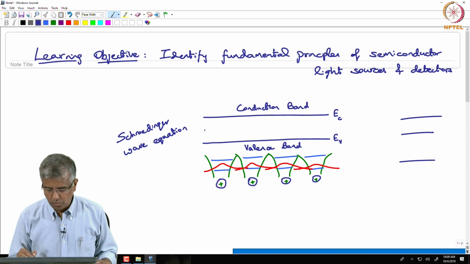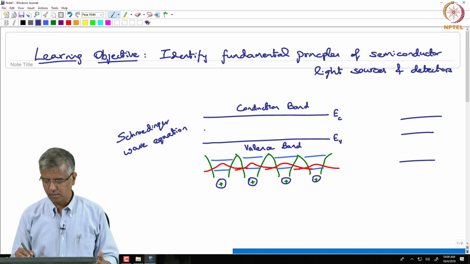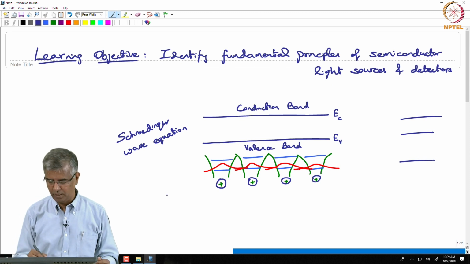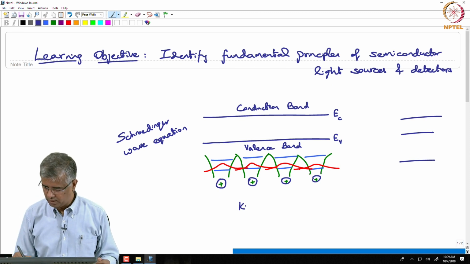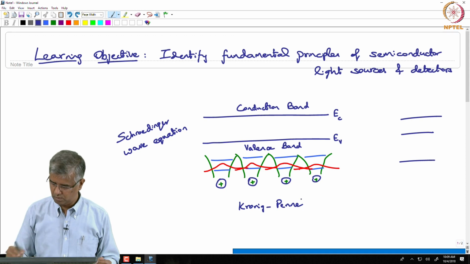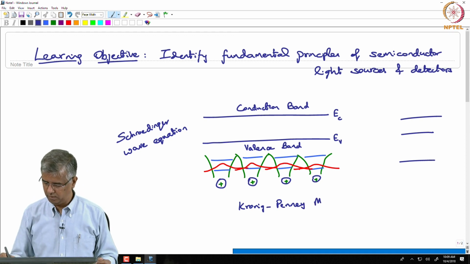So what it also tells is that when you work out the Schrödinger wave equation for this sort of a model, this model is actually what is called the Kronig-Penny model.